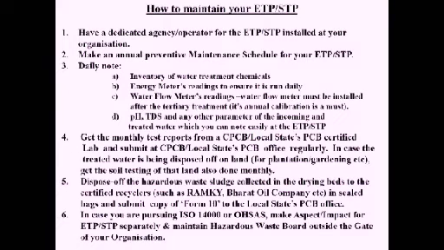Water meter must be installed after the tertiary treatment before taking it out from the system. Then pH, TDS and any other parameters of incoming and treated water which you can note easily at the ETP or STP.